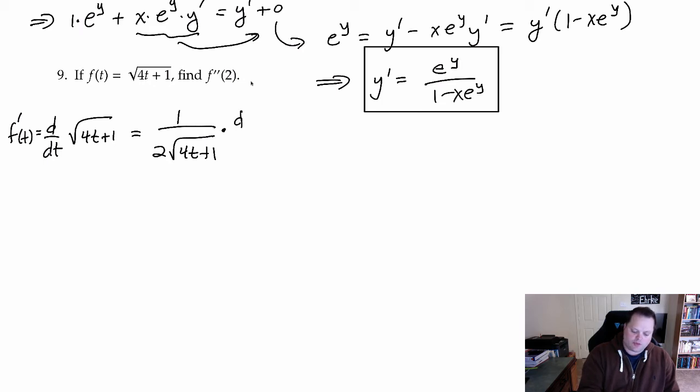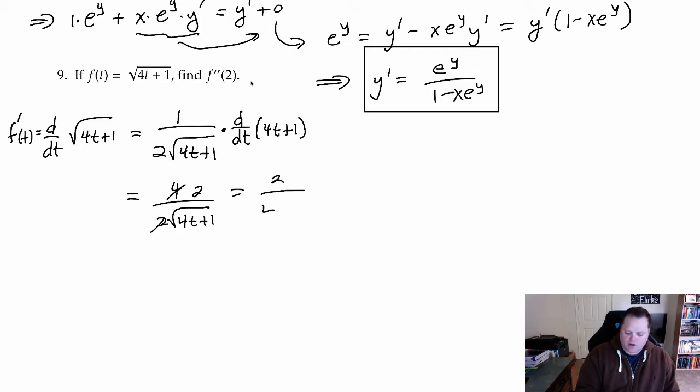But then you'd have to multiply by the inner derivative because of chain rule. The inner derivative there is 4. So the 4 and the 2 would cancel, leaving a 2. So there is your first derivative.